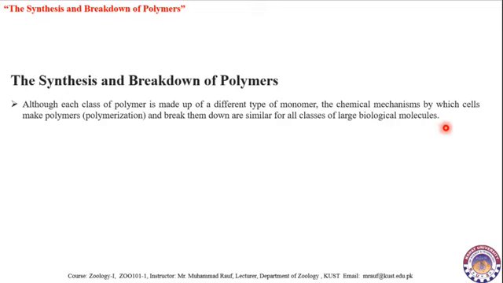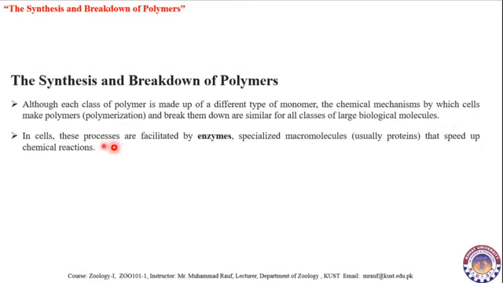Those four different types of macromolecules each have characteristic properties and functions, but the basic philosophy behind their synthesis and breakdown is the same. The chemical reactions involved in the synthesis and breakdown of these macromolecules or polymers are the same.